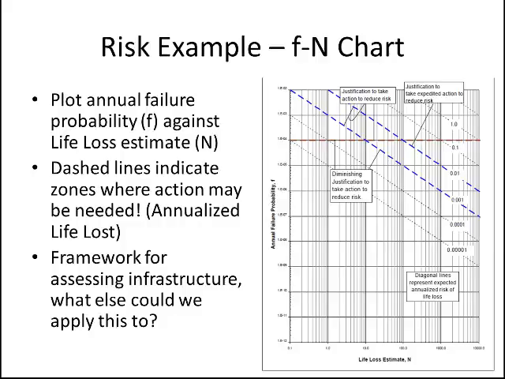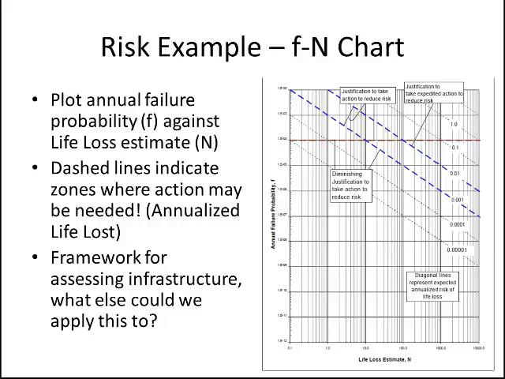And there's some action levels here. So these dashed lines indicate zones where action may be needed. It's called the annualized life lost. And basically these lines are simply the annual failure probability multiplied by the life lost estimate. And so if you get above 0.0001 of annualized life lost, there begin to be thresholds where we need to start thinking about taking action to reduce the risk, right?